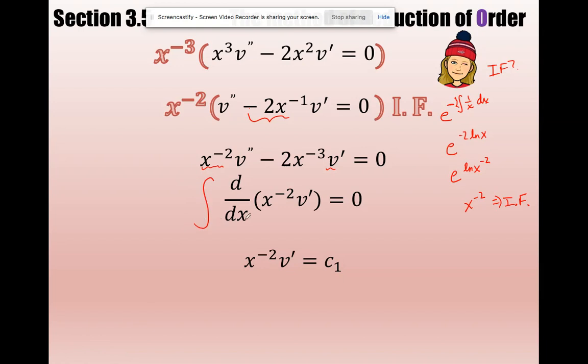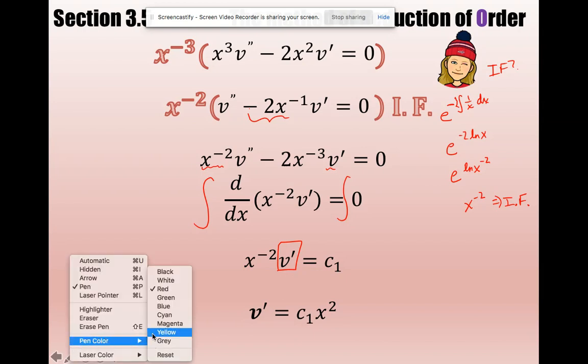Take the antiderivative of both sides. And then isolate v prime, because remember, v prime is what I'm after. Now what?